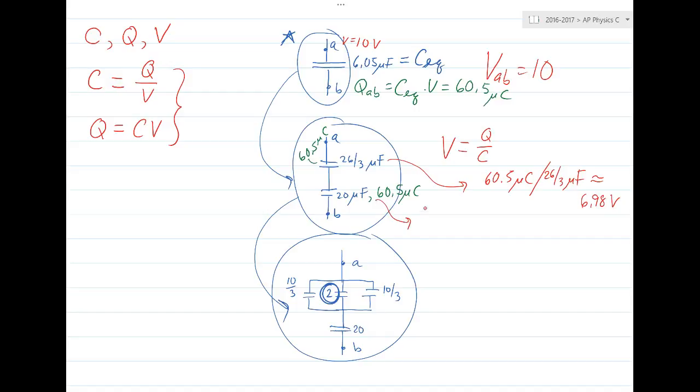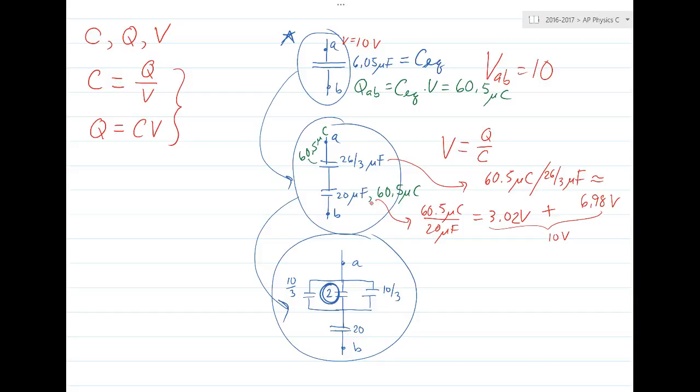And for this one right here, it'll be the same idea, 60.5 microcoulombs over 20 microfarads, and that's going to be about 3.02-ish volts. Now notice one thing, those add up to give you 10 volts, and that has to be true in series. But also notice that the one that has more capacitance is actually going to have less voltage because C and V are inversely related.